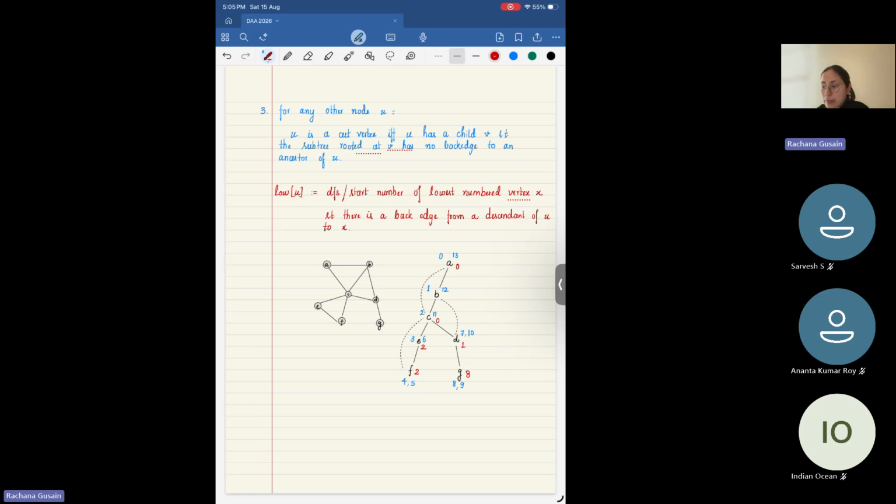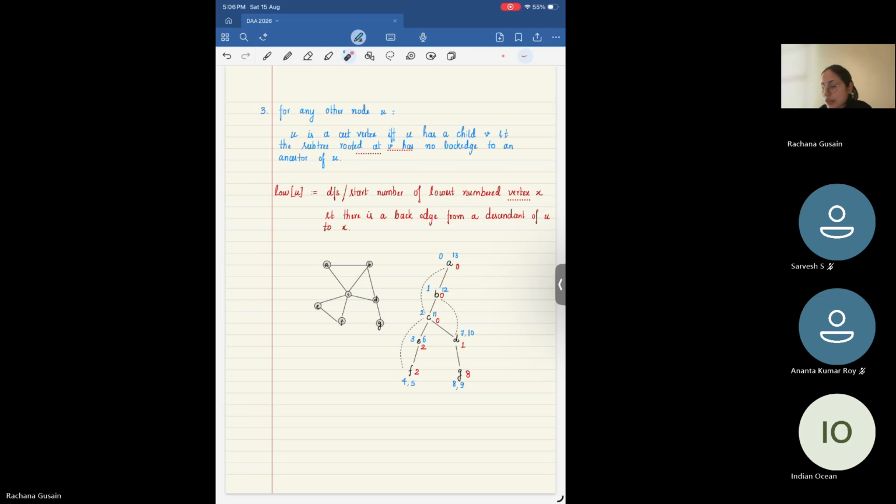What about B? Initially it will be 1, if you want to really implement it and compute low during implementation. But then, from B, I can take this tree edge and then take this back edge, so it is equal to 0.